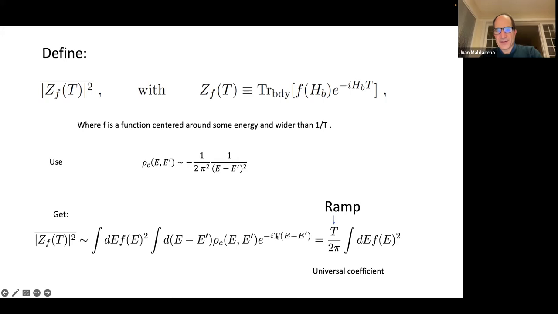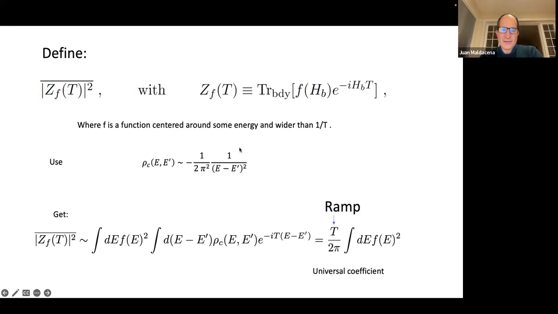So one factor e to the iEt comes from one of the factors in C, and the other one comes from the other factor. And there is a disconnected piece where there is no connection between E and E prime, and then there is this connected piece where we have some correlation between the energies.